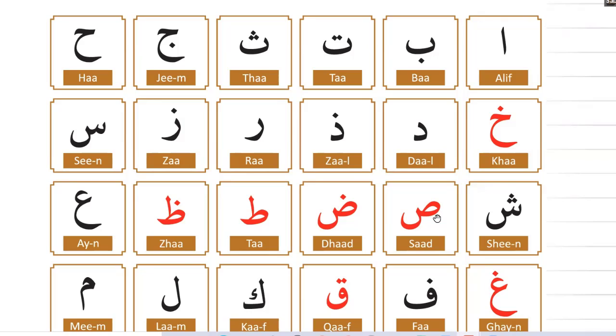And how you pronounce this letter is just similar to ta. The tip of your tongue touches the back of your front two teeth. Dal, dal, right? And the next letter is dhal.